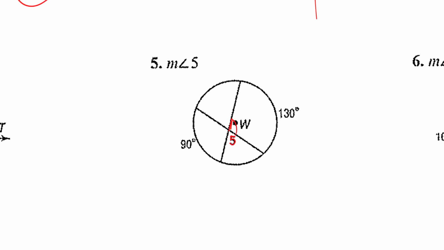We've got to find this angle right here. So 130 plus 90 divided by 2 is going to be 110. Good. Then these two are linear pair. The angle I just found in 5, so that means, yep, angle 5 is 70 degrees.